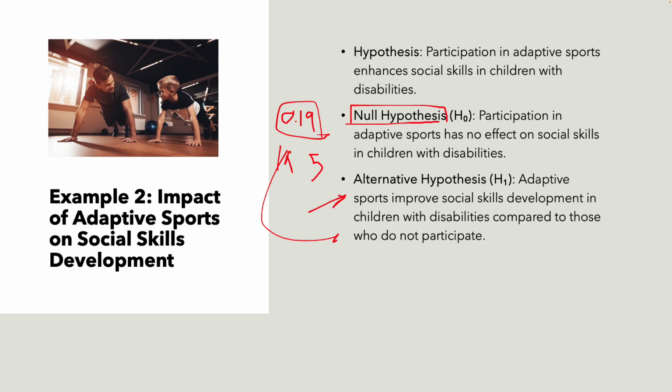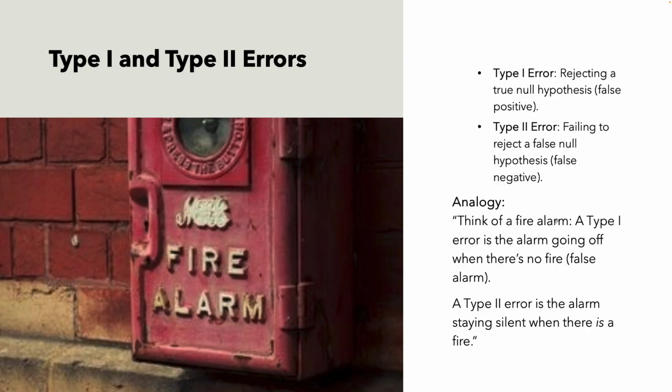So let me give you an example here. I said analogy. Think of a fire alarm. A type 1 error is when the alarm is going off, but there's no fire. That's like me saying, yes, my hypothesis was true, I've proven it, but I shouldn't be celebrating because I really should be accepting the null hypothesis.